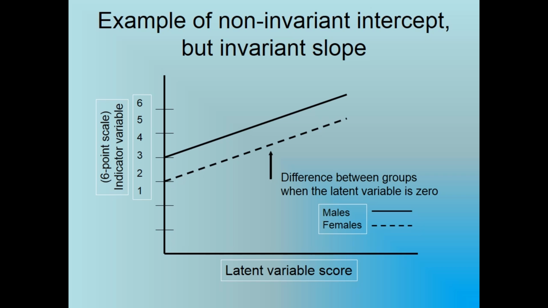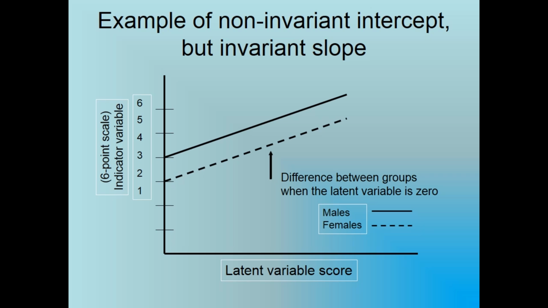And what that basically means is your indicator variable is lower for females than males. So on average, females have a lower mean score on that indicator variable, that item, than do males. So you could ask yourself, what is it about that individual item that results in males scoring higher than females, especially if the other items are all equal or invariant across groups?